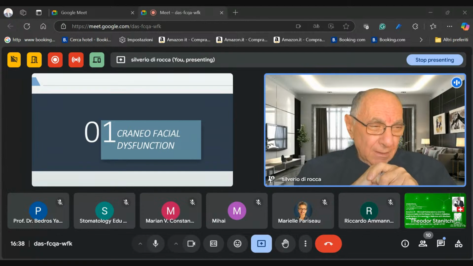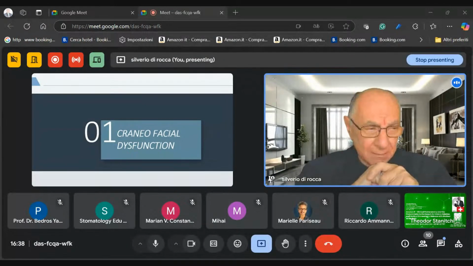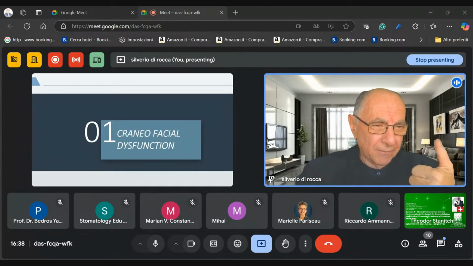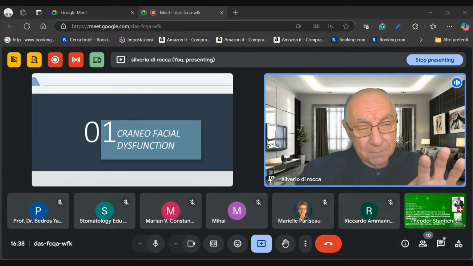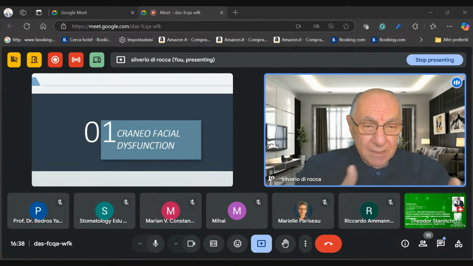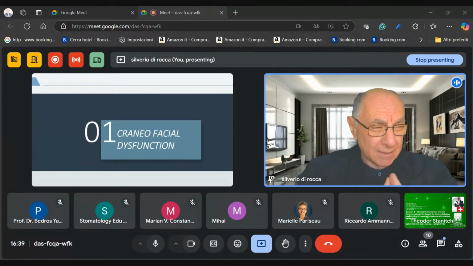Sometimes people say, I'm specialist in TMJs. And imagine if I said to you, I am a specialist in a finger. What do you say? You're crazy, no? The finger is part of the hand, is part of the arm, is part of the body. TMJs is part of craniofacial system that is connected with the rest of the body.